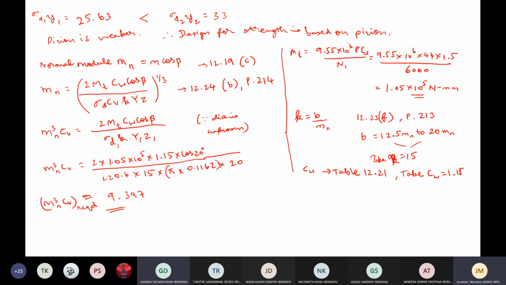Sometimes the sentences are a little bit misleading over here, because in 12.24b, if you look at the statement, the Lewis equation for beam strength of the tooth is given, and in 12.24a, it is given as the Lewis equation for helical or herringbone gears. Herringbone gears are slightly an extension of helical gears, which I may discuss some other time.